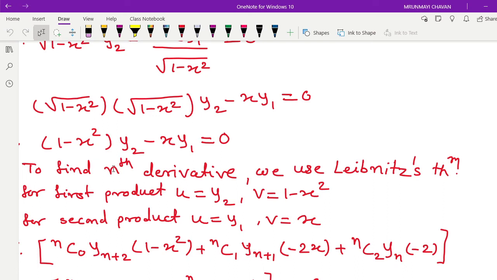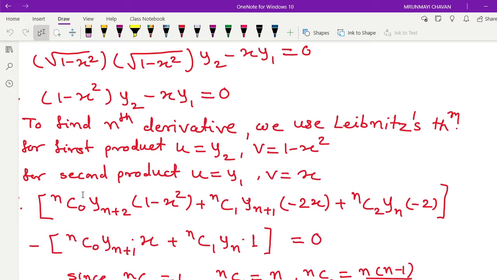Now we want yn plus 2 and yn plus 1. So we have to take the nth derivative of this equation, and for that we use Leibniz theorem.